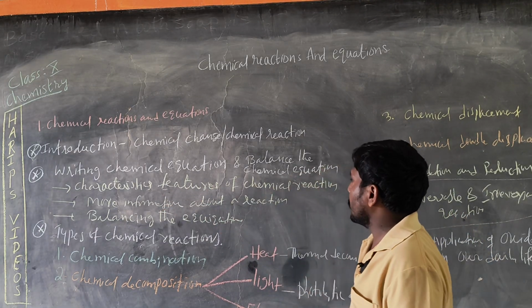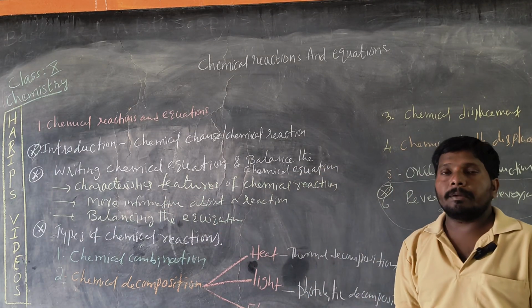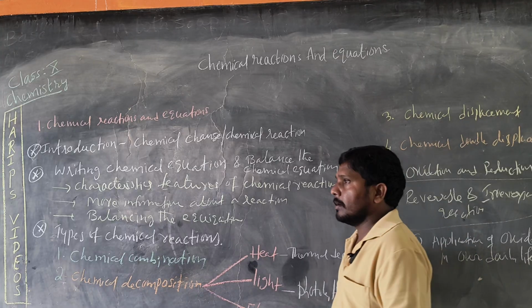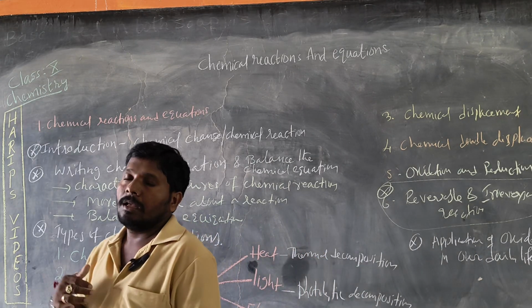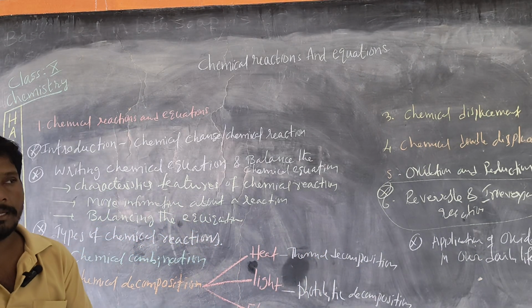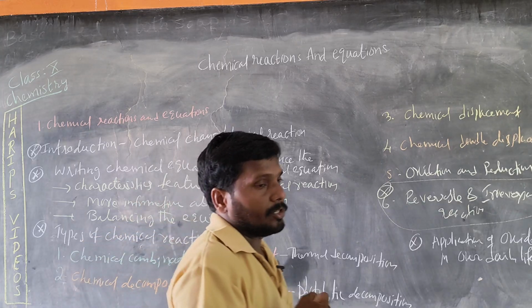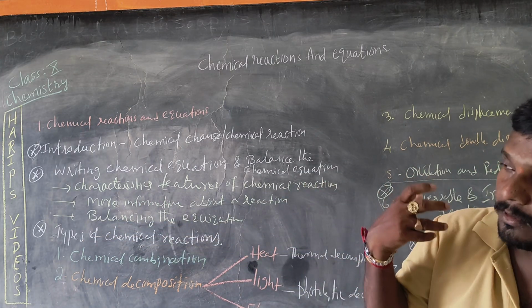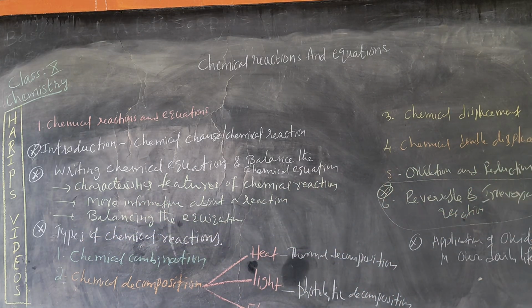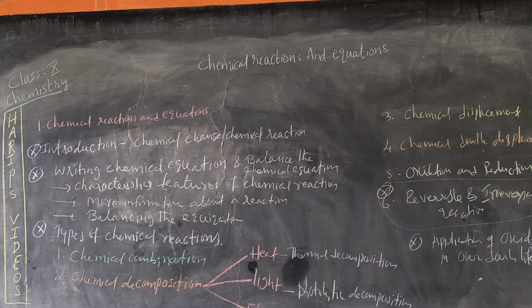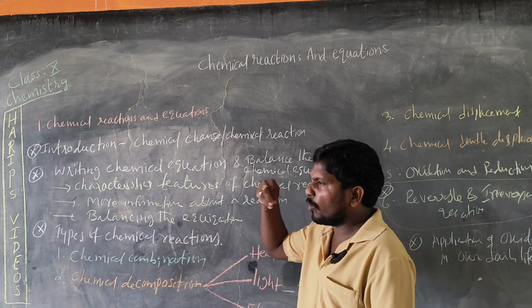Characteristic features of chemical reaction. Chemical reaction has some characteristic features. Let us discuss what are those characteristic features of chemical reactions. Then how can we make it more informative?